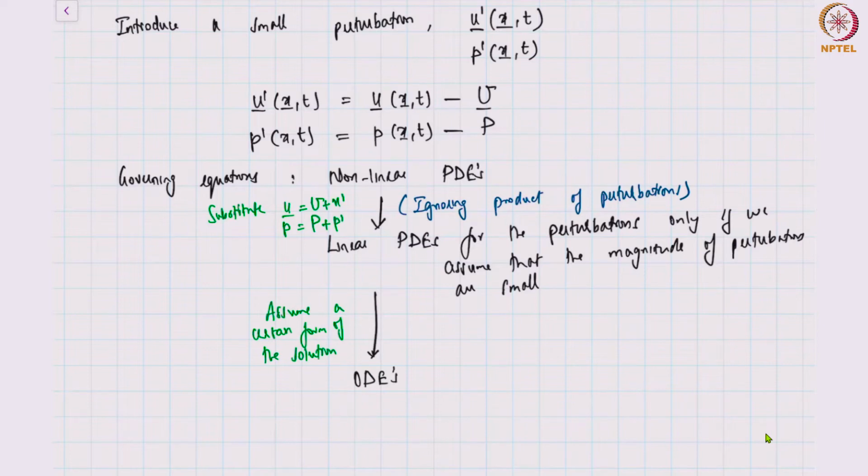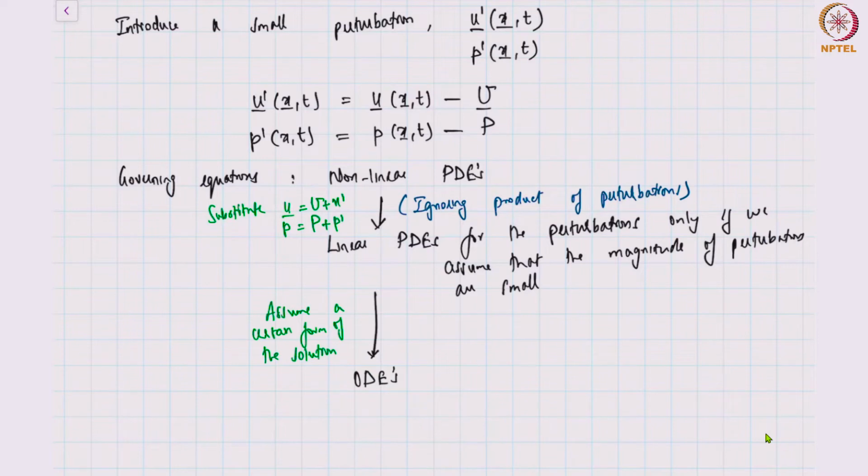So what we typically do in the stability analysis is we go from a nonlinear PDE to a linear PDE, and from there we get ODEs. It could be a single ODE depending on the problem, or several coupled ODEs, which can be combined into a single ordinary differential equation. From this we get what is called the dispersion relation.